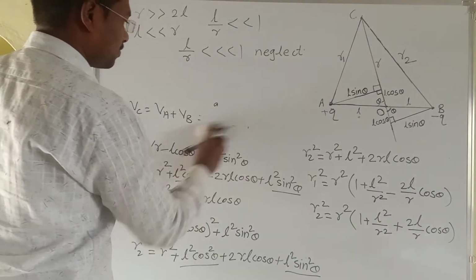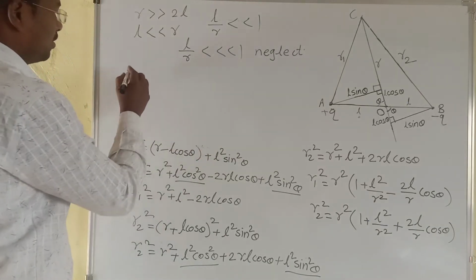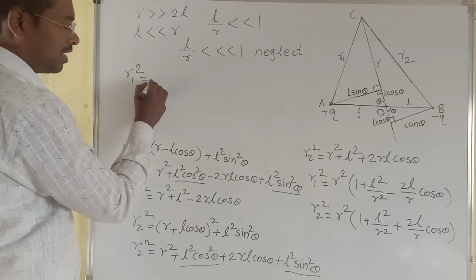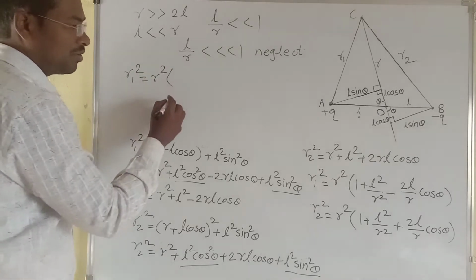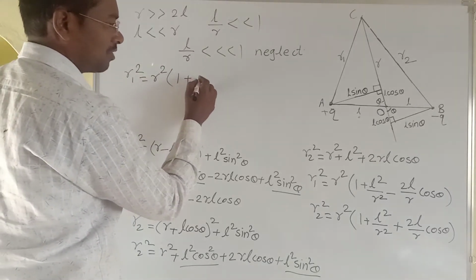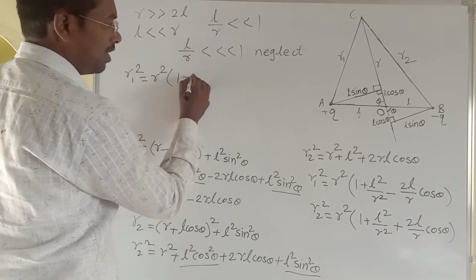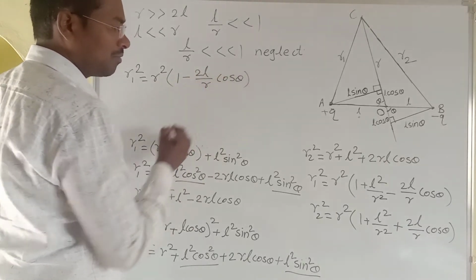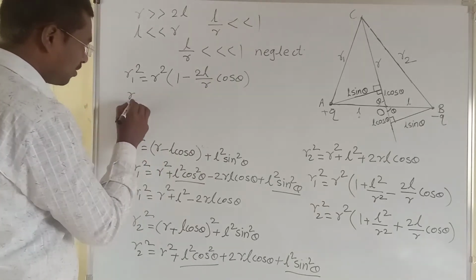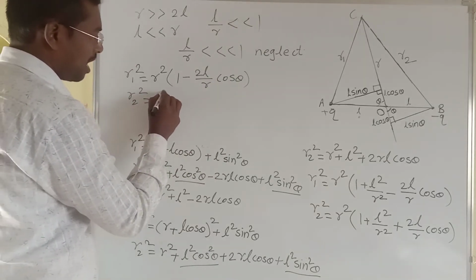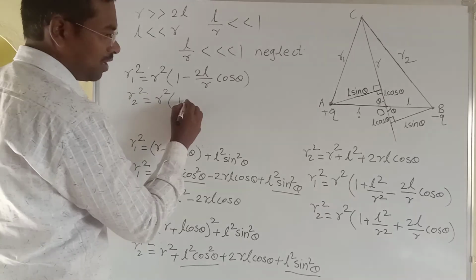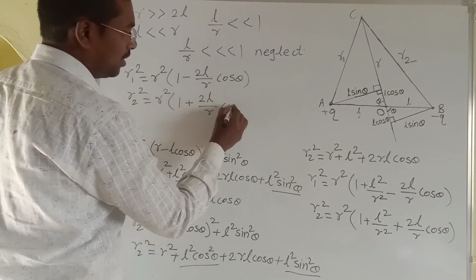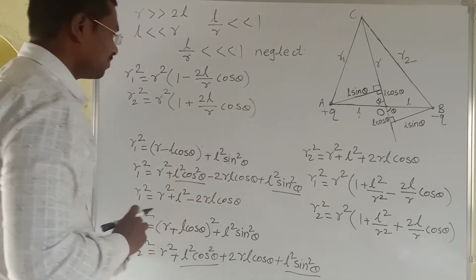Therefore, this R1 square can be written as R square into bracket 1 minus 2L upon R into cos theta, and this R2 square can be written as R square into bracket 1 plus 2 times L upon R into cos of theta.